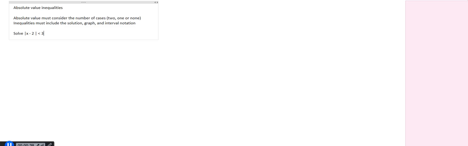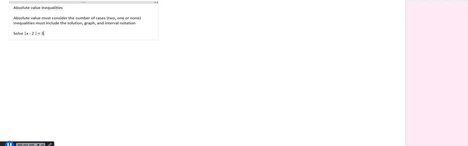So I'm going to go over how to put it all together, which is the absolute value of an expression less than a value. Here I have a question: solve the absolute value of x minus 2 less than 3. The fact that 3 is a positive number tells me that I have two possible cases.